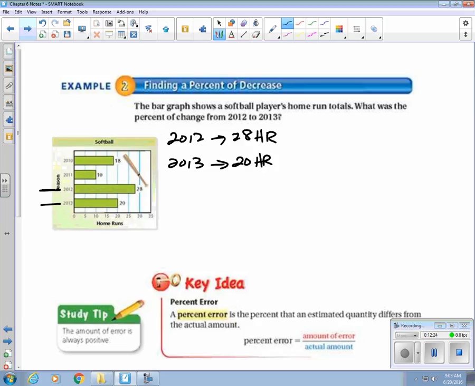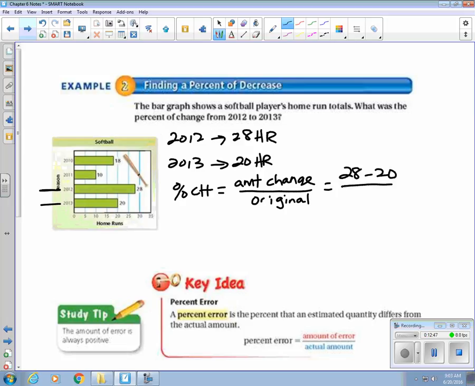So there was a decrease in the amount of home runs. The percent change in home runs is equal to the amount of change divided by the original. And again, the amount of change is the difference between the two numbers. So we subtract them, bigger minus the smaller, 28 minus 20.